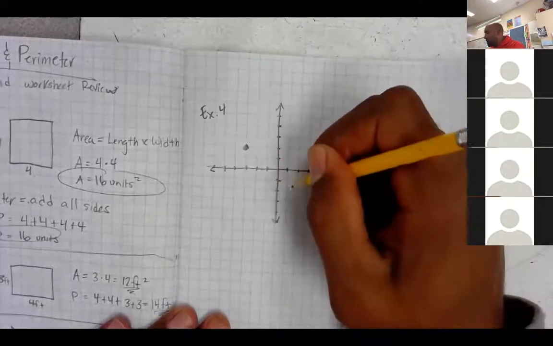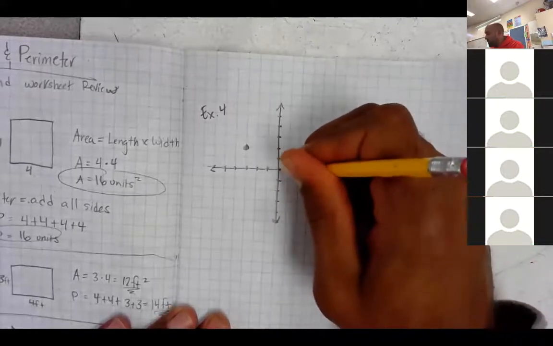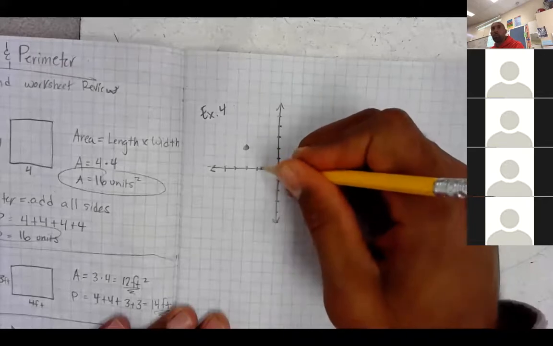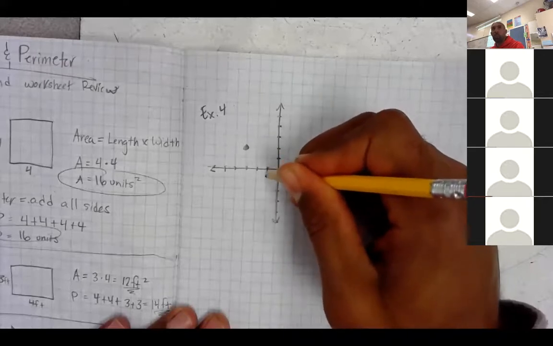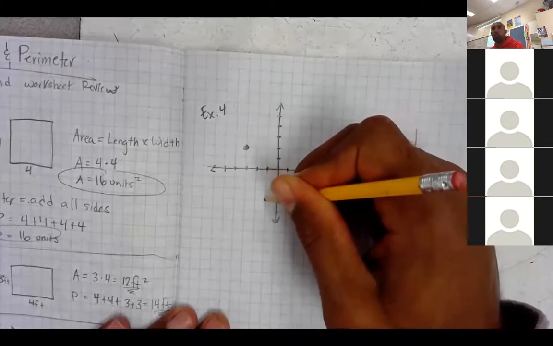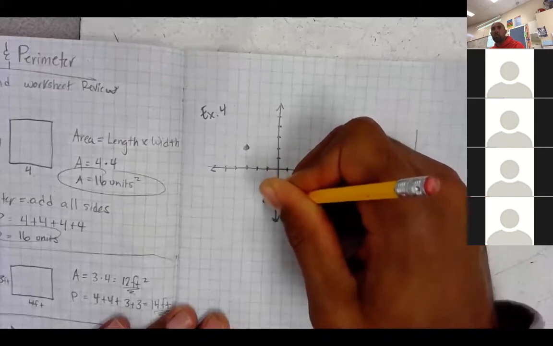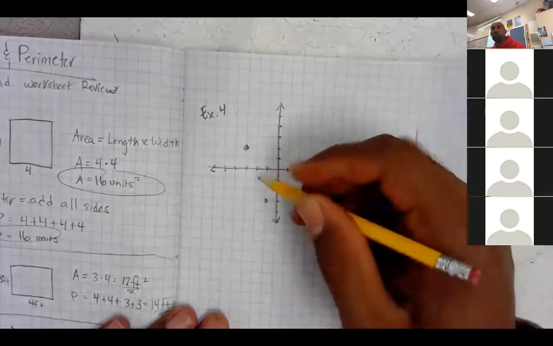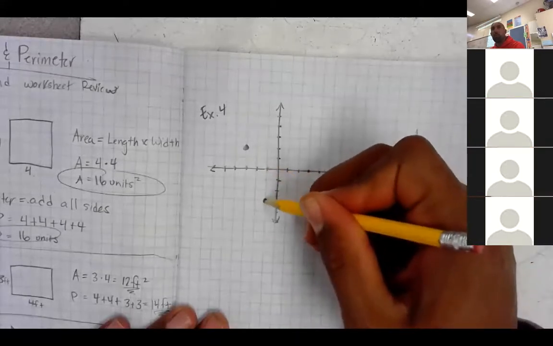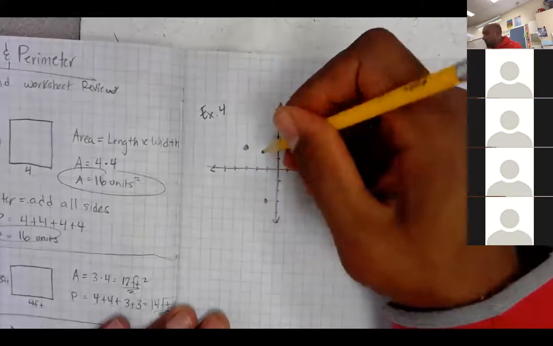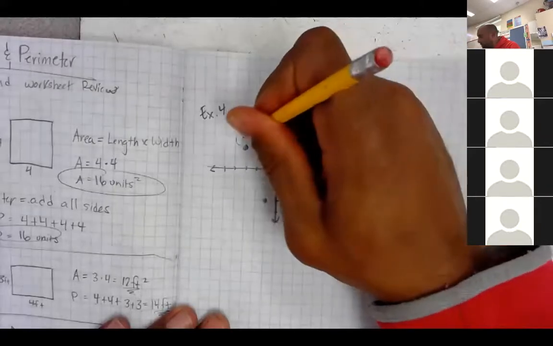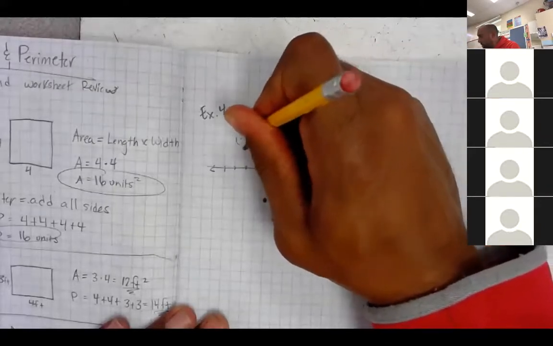The next point I'm going to draw is over 1. And I'm going to go down here to that point. Okay, so that's over 1, down 3. So I'll label these points so you guys can see them. So that's -3, 2.